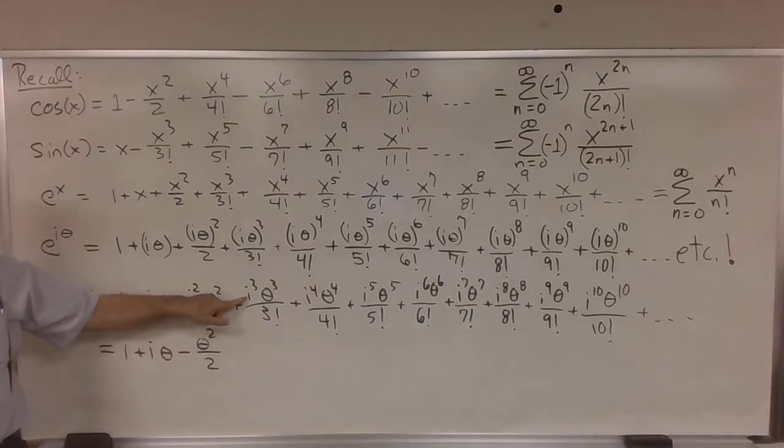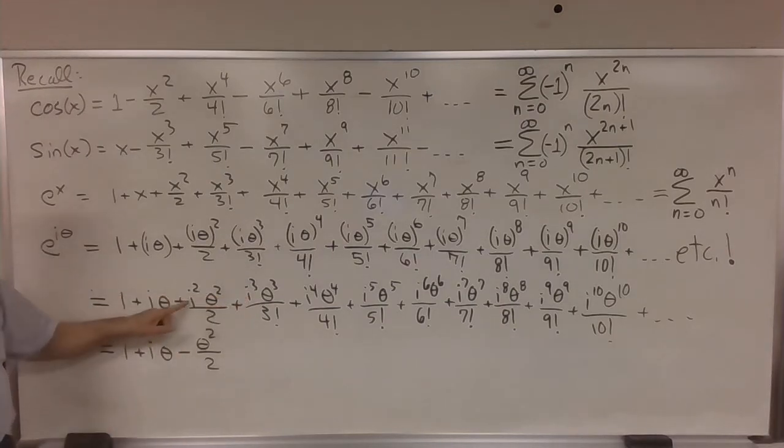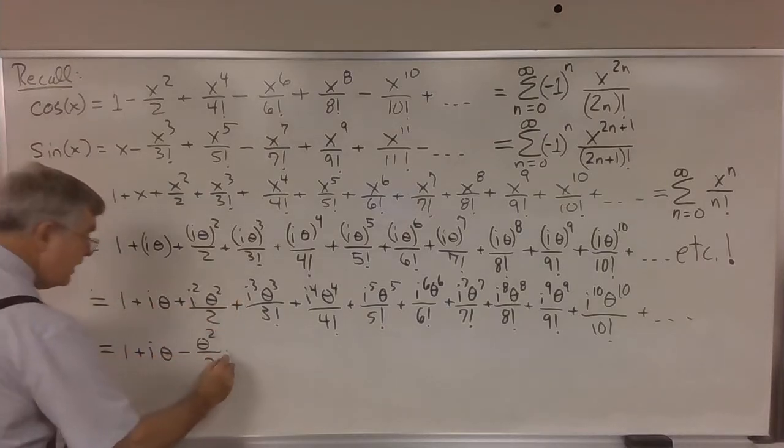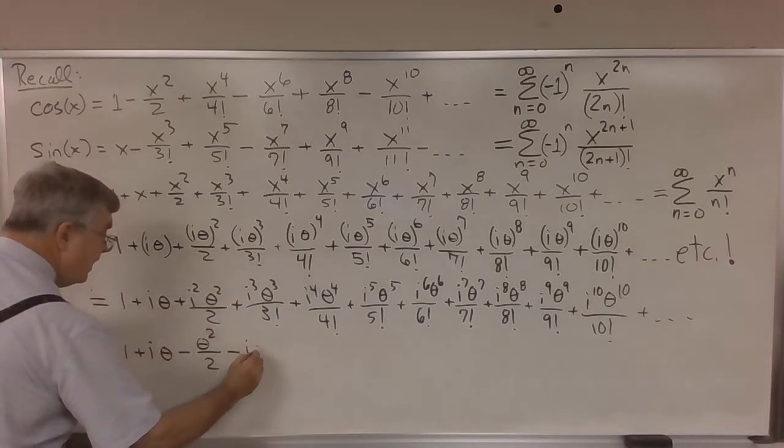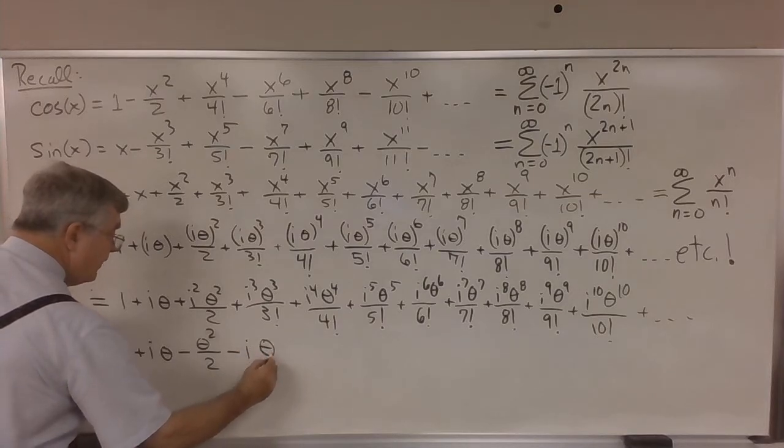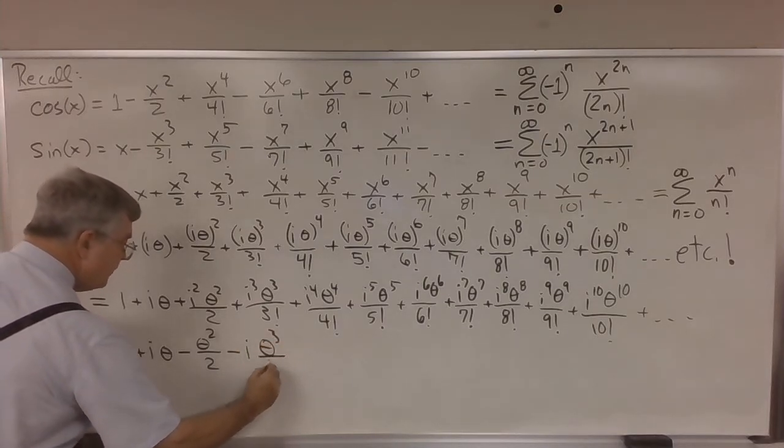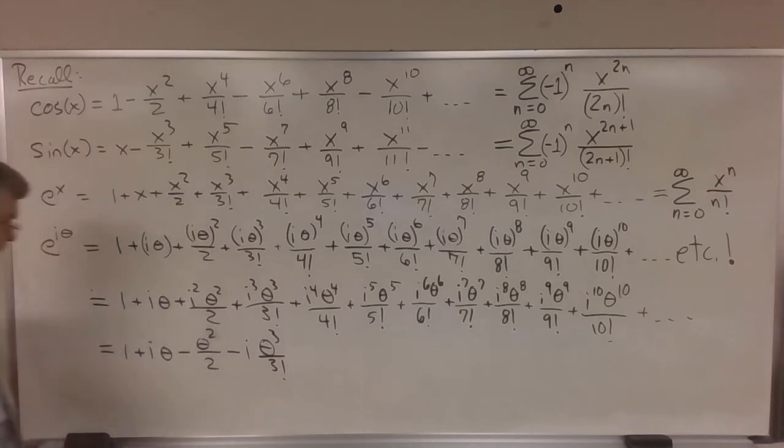And if we cube i, isn't i cubed equal to i squared times i? But i squared is -1. So i cubed is i squared times i, or -1 times i. So we get negative i theta cubed over 3 factorial.